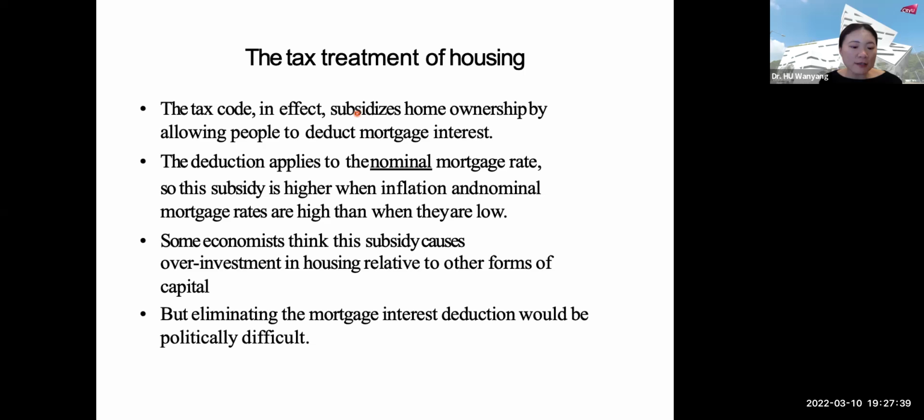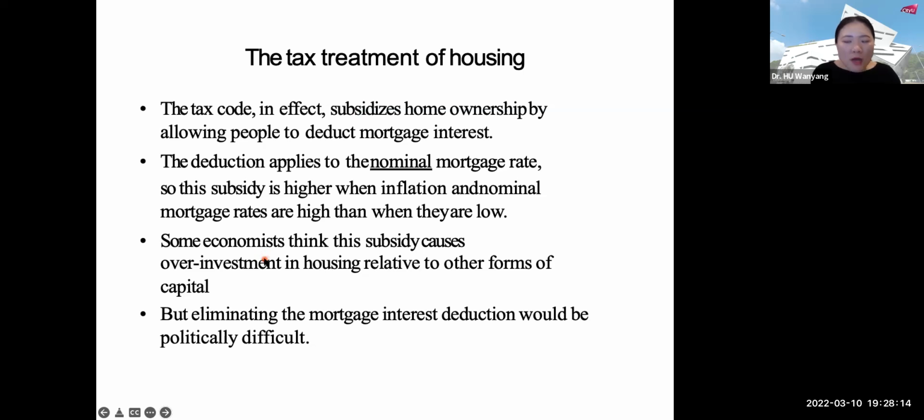So the de facto subsidy is higher when inflation and nominal mortgage rates are higher. In this case, with high inflation or a very high nominal mortgage rate, this amount of money will be deducted from your taxable income, which means the subsidy is higher.